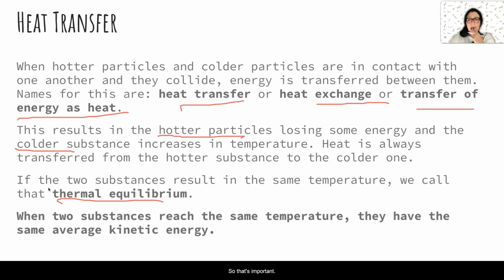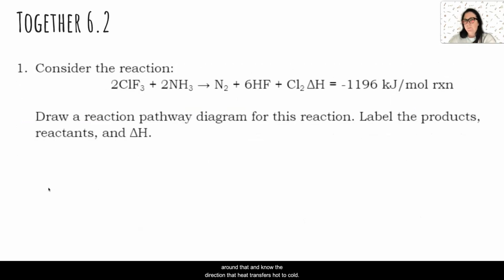That's important. When two substances are at the same temperature, they have the same kinetic energy. We know that, right? So make sure you can get your brain wrapped around that and know the direction that heat transfers, hot to cold.